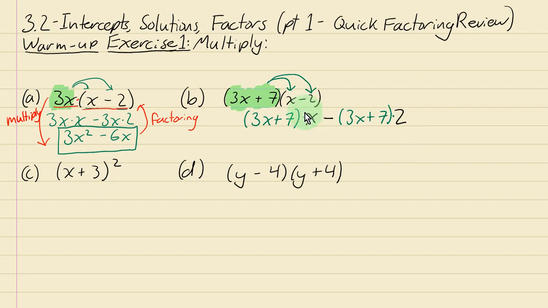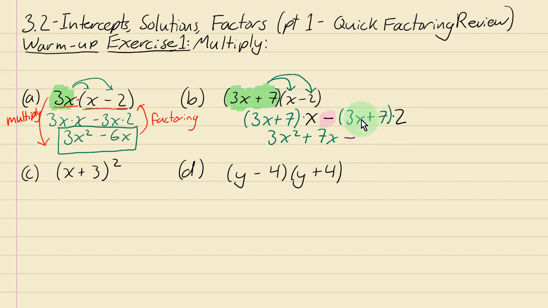So now I'm going to use the distributive property here again to distribute the x into these two. So it's going to be 3x squared plus 7x, just from those two. And then over here, I'm going to distribute the 2 into these. And keep in mind that you have a minus here, so we need to make sure that we subtract things here.